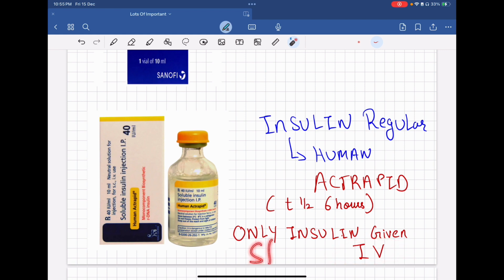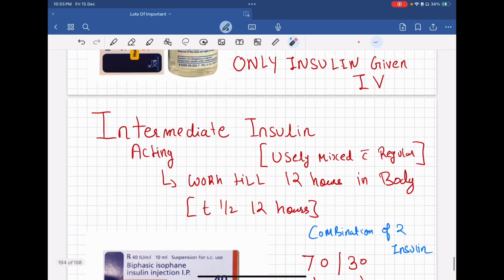Yes, it can be given subcutaneously or intramuscularly, but it is the only insulin given IV, and the brand name is Human Actrapid. This is also the insulin given in combination with intermediate acting insulin, which is NPH, right? So Human Actrapid is very important.